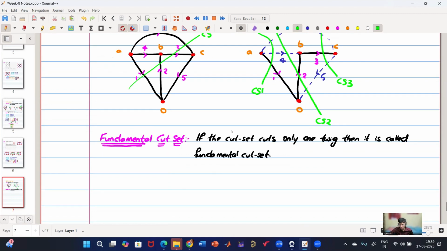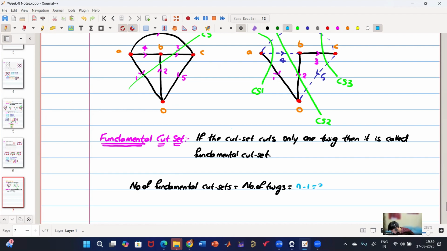So now the obvious thing is the number of fundamental cut sets is equal to the number of twigs, which is n minus 1.